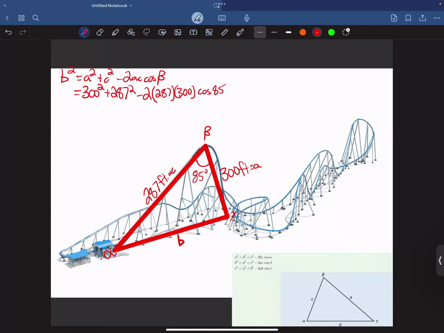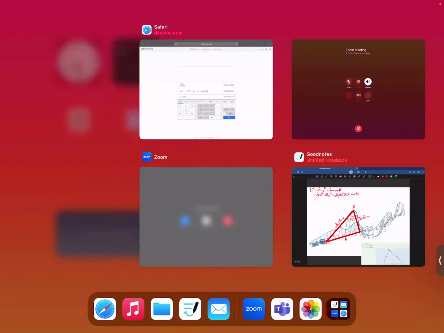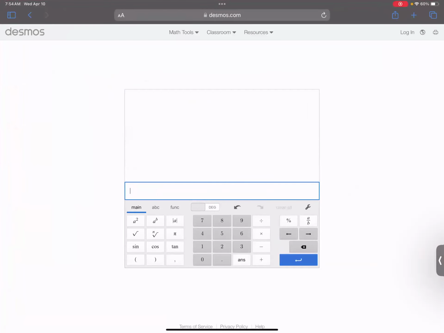All right. Awesome. So now let's take this and plug it into our Desmos scientific calculator. All right, so we have 300 squared plus 287 squared minus 2 times 287 times 300 times cosine 85.